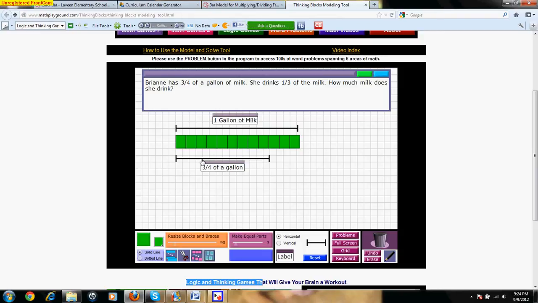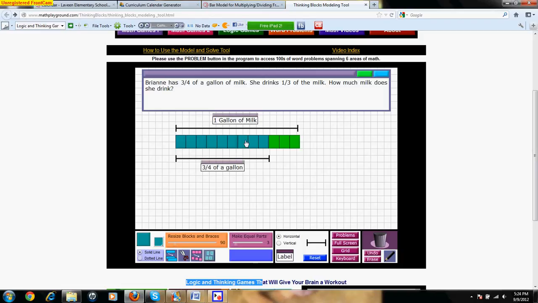And just so we can see it more easily, we're going to go ahead and change this color. So we can still see our whole gallon of milk and the 3/4 that she had to begin with. Now we are going to determine what the 1/3 of those 3/4 are.